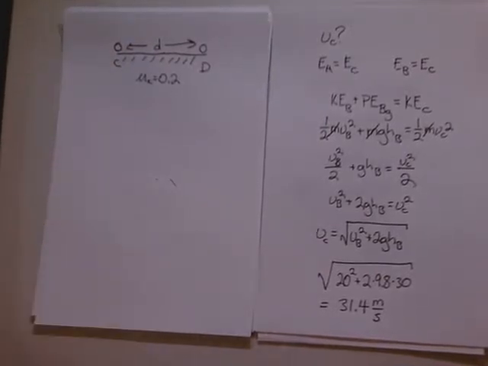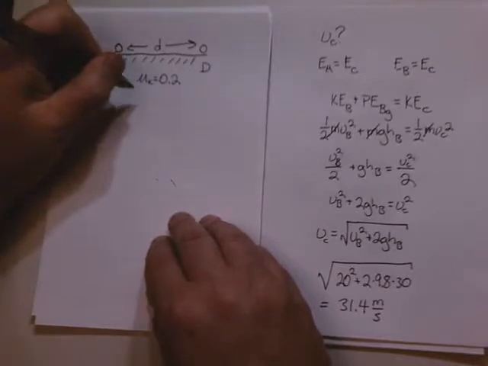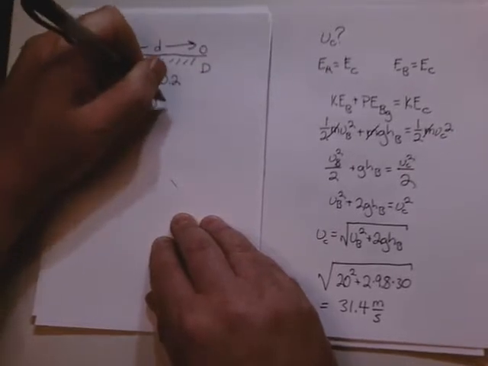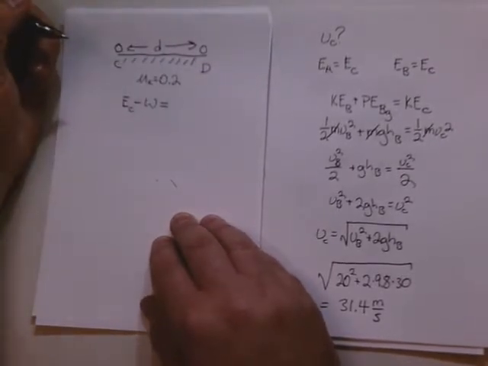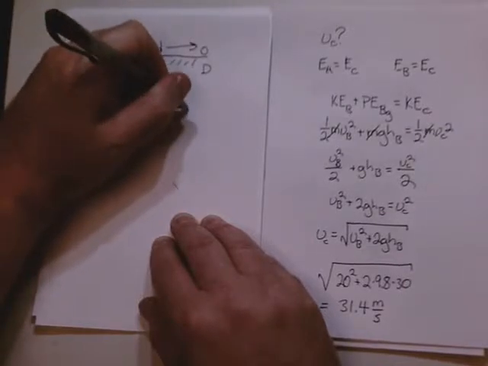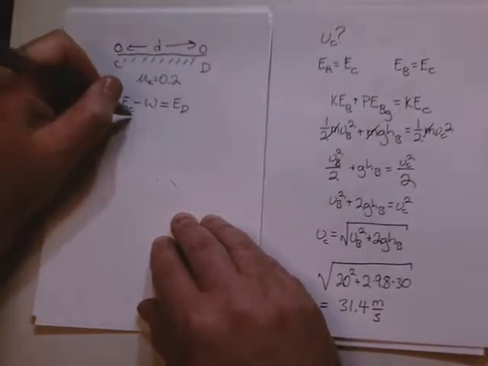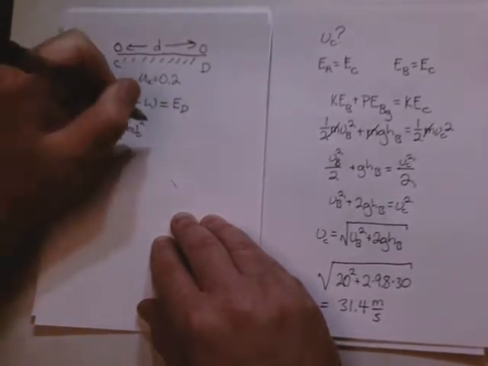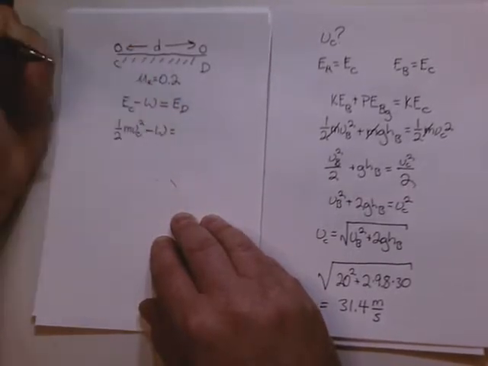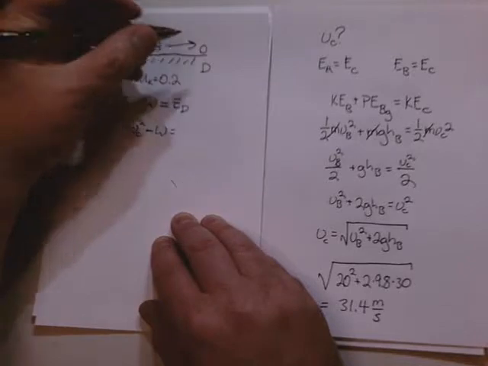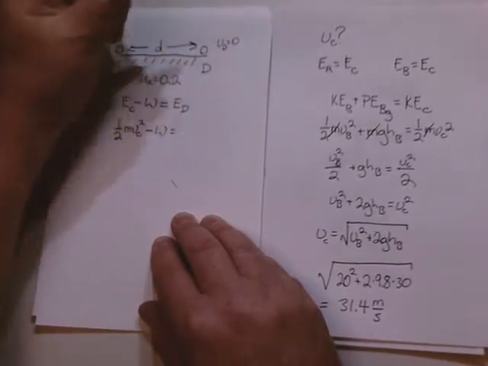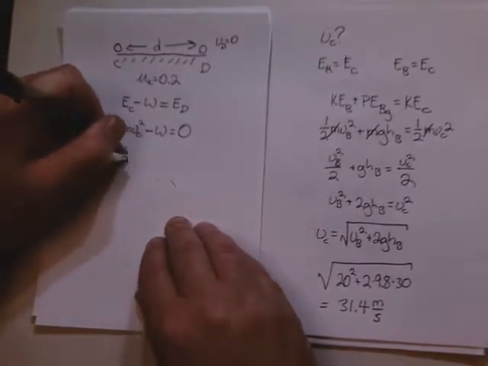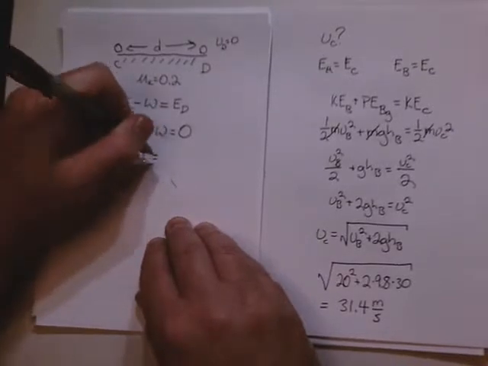So I'm going to write that the energy at C minus the work, the energy removed through friction, is equal to the energy at D. Now the energy at C is 1/2 mvc squared minus the work is equal to, it's on a level surface and it's not moving, so that's 0. So 1/2 mvc squared is equal to work.